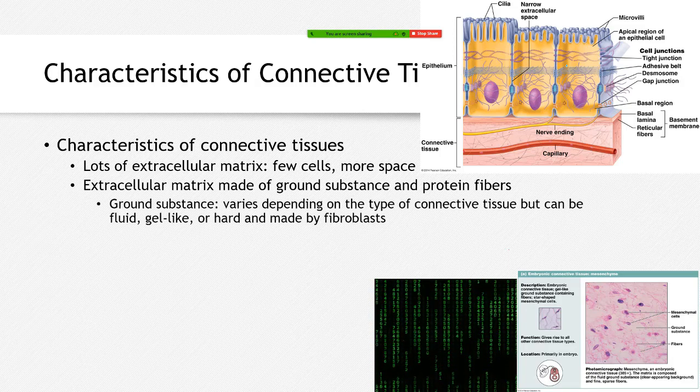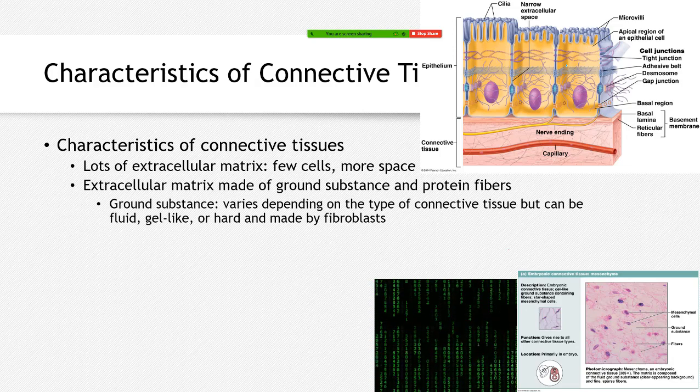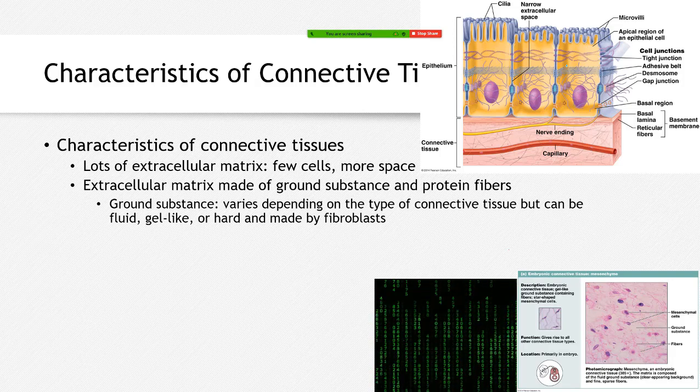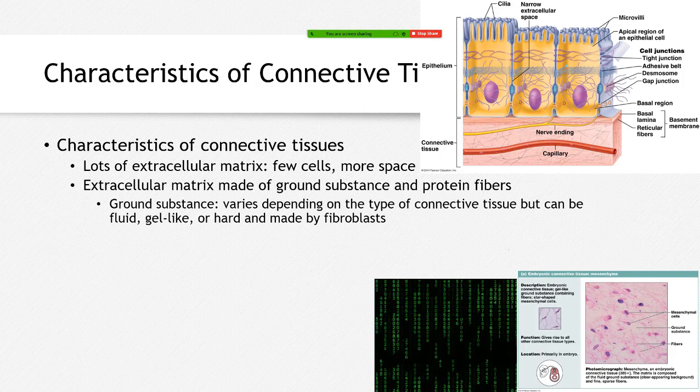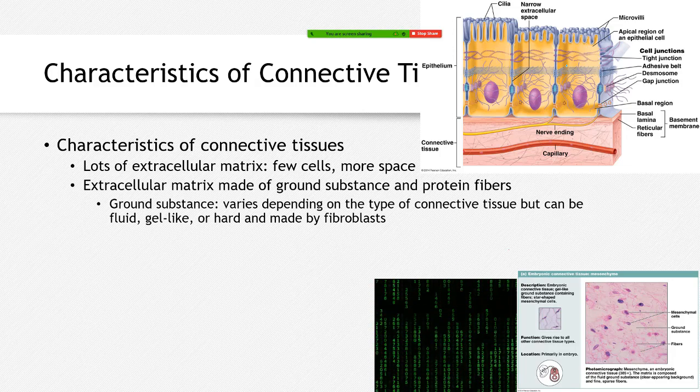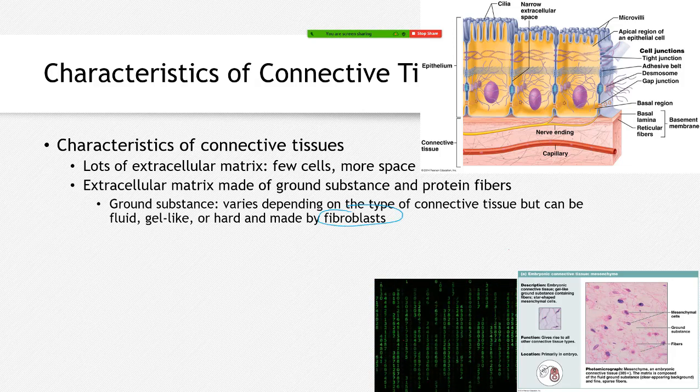The ground substance could be fluid-like, gel-like, viscous, or even solid, depending on the type of connective tissue. This ground substance is made by cells called fibroblasts.